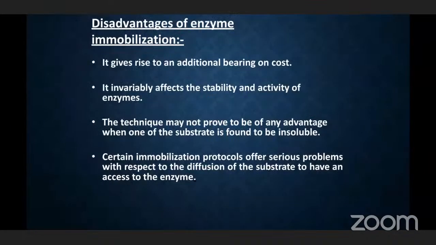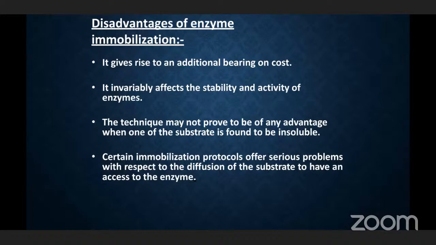But there are some disadvantages of enzyme immobilization. They give rise to additional cost for using nanorods or any substrate, and they invariably affect the stability and activity of enzymes. Sometimes that can also interfere with the activity.